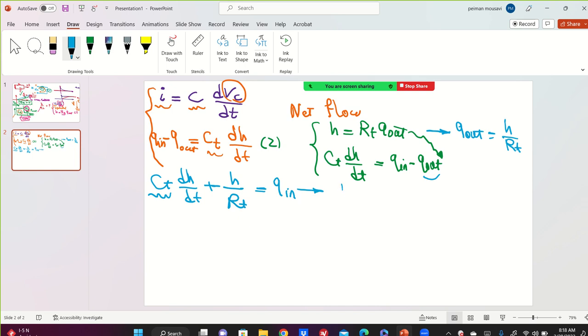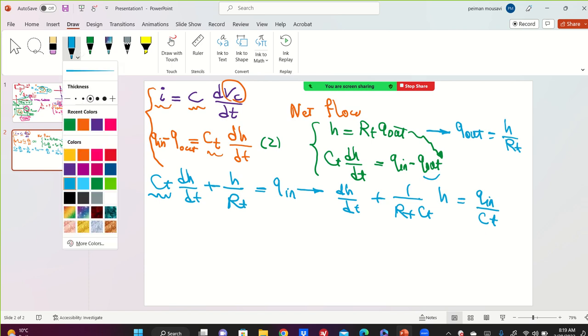So you're going to have dH over dt plus 1 over RT CT times H equals Q in over CT.